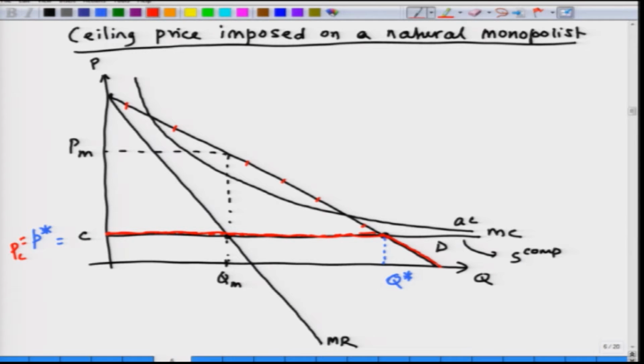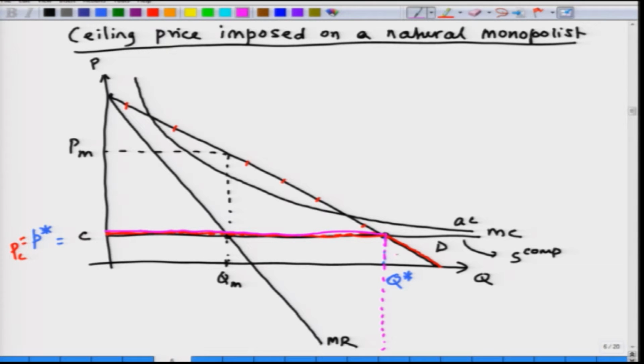Because the demand curve has changed, the marginal revenue curve also would now change. The marginal revenue curve would follow the flat portion of the demand curve until this point, and thereafter, for the portion of the demand curve which was present in the previous case, the marginal revenue curve would coincide with the earlier marginal revenue curve.